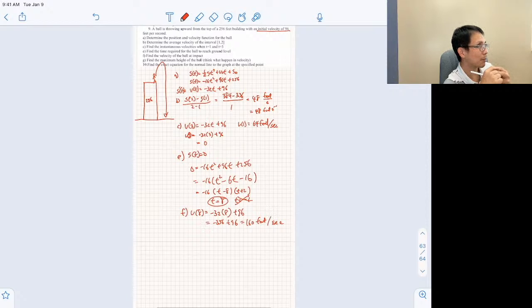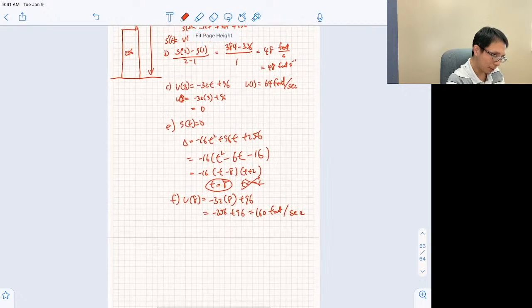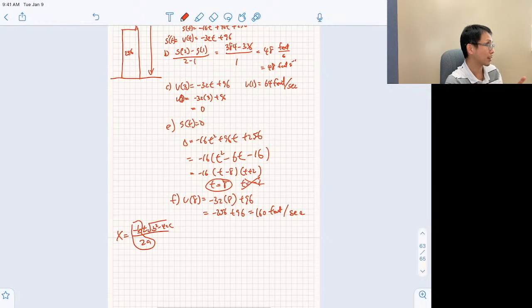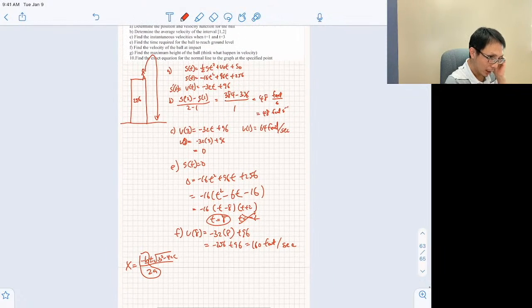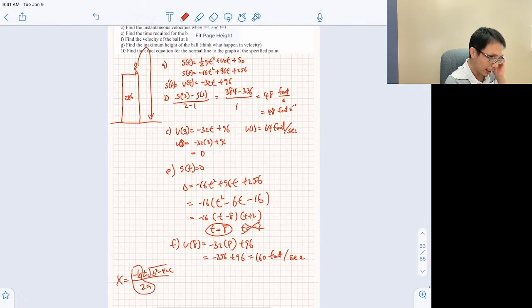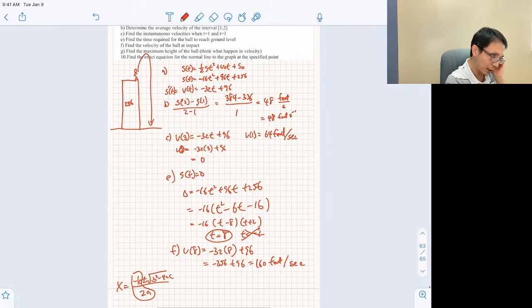The axis of symmetry is negative b over 2a. Do you guys remember the quadratic formula is equal to negative b over 2a plus or minus the square root of b squared minus 4ac? The negative b over 2a tells me where the axis of symmetry is. So you can take the velocity equation.